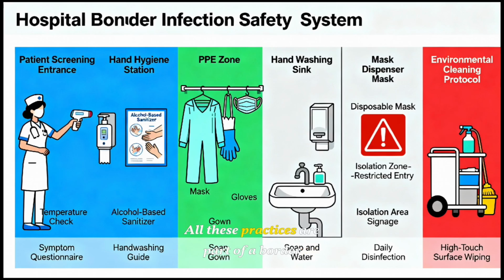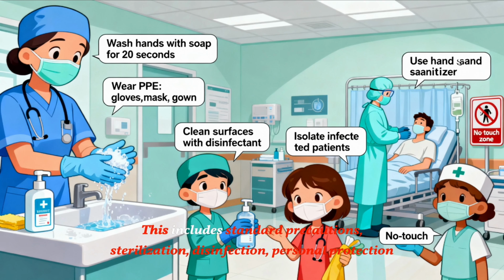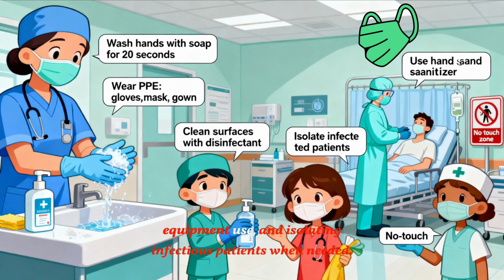All these practices are part of a broader system known as infection safety. Infection safety focuses on preventing the spread of infections within the hospital. This includes standard precautions, sterilization, disinfection, personal protective equipment use, and isolating infectious patients when needed.